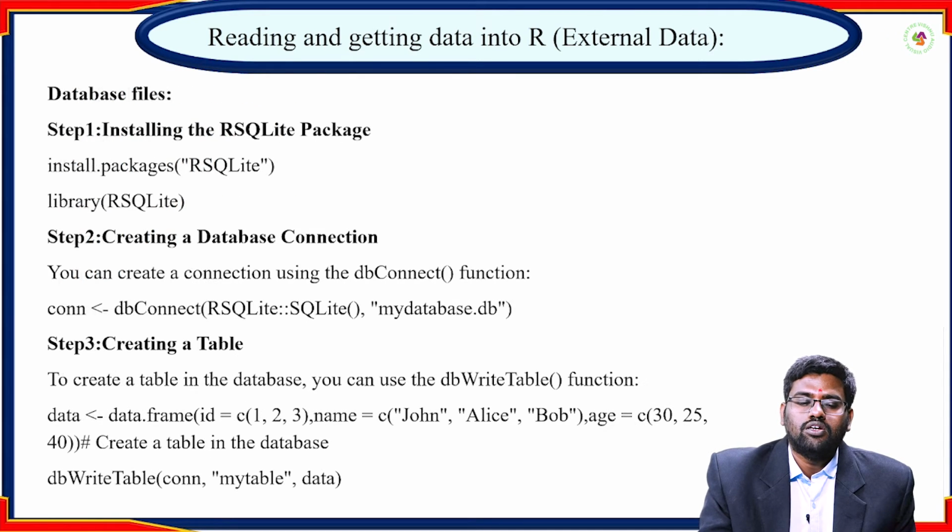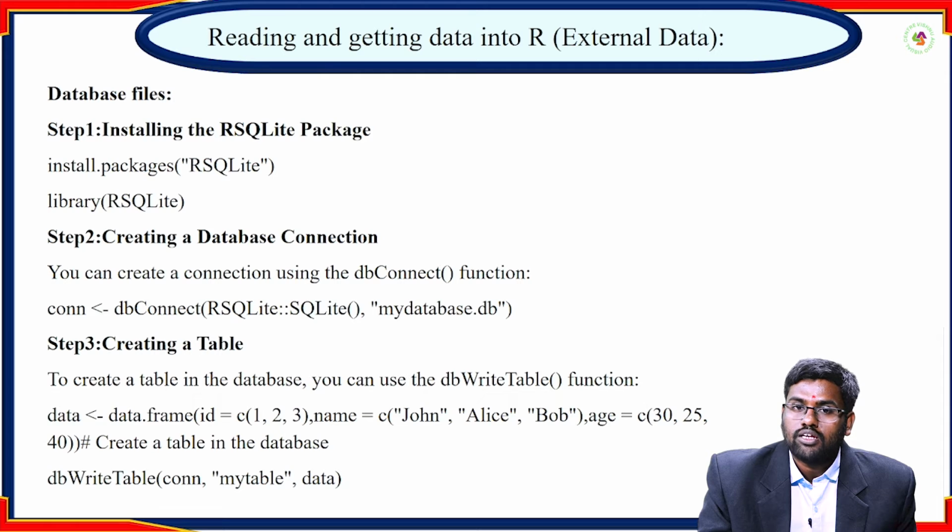So now the next one: if I have to read and store the data in the form of database files. Actually we are using the database RSQLite, so R programming SQL. For that, the first step is to install the package. The package name is install.packages of RSQLite.